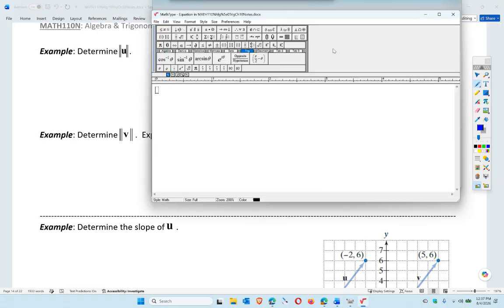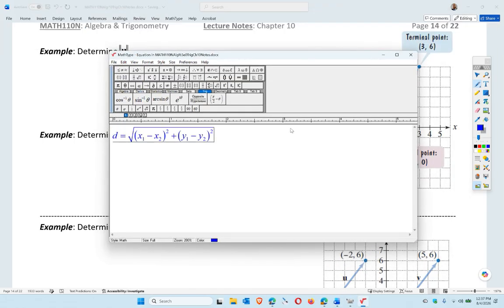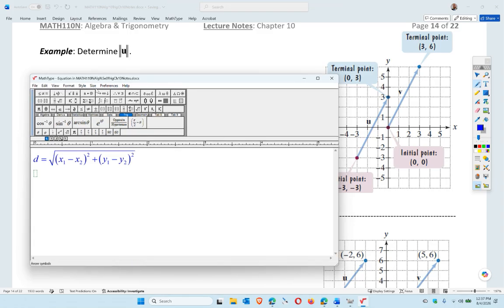There's our typical distance formula from basic geometry. We'll use our double lines here, and we'll put in a U. We'll make that the vector U, so I'll change my style to user2. There we go. And then we'll do the formula for this.